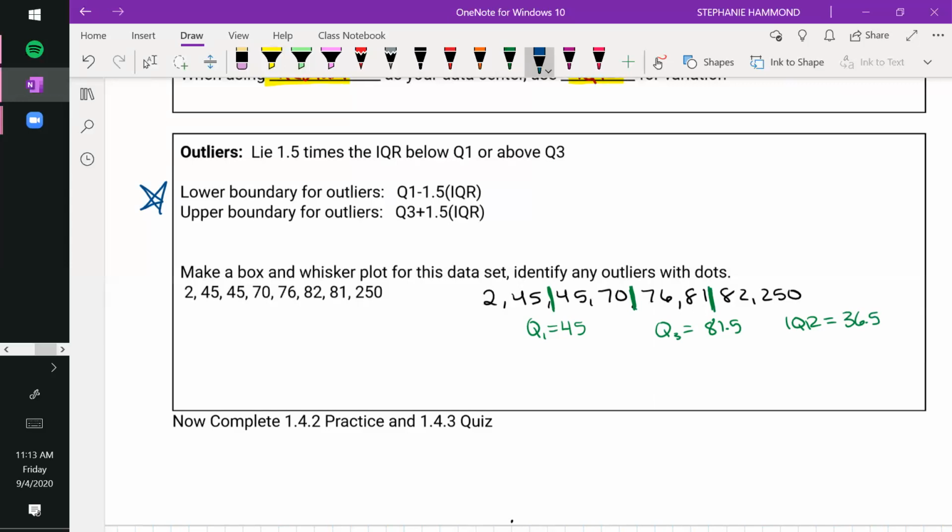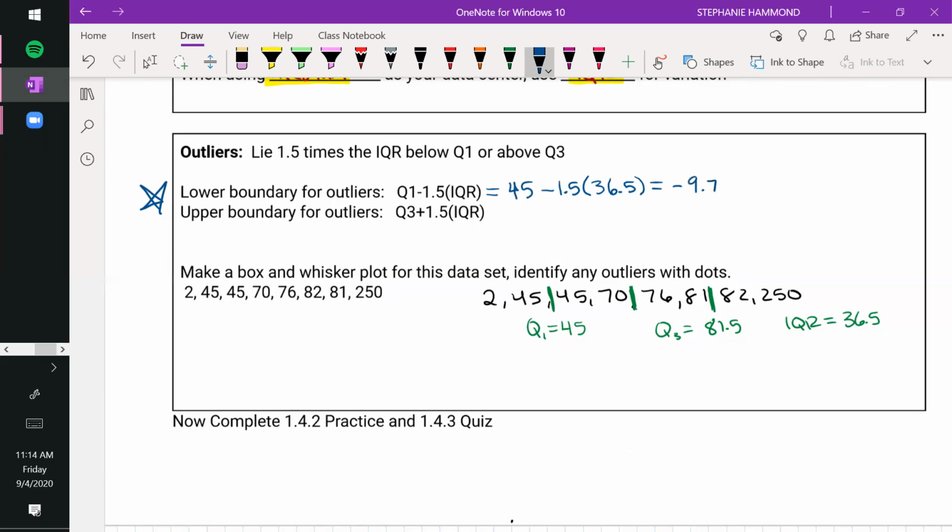So looking at my lower boundary first, it's going to be equal to my first quartile minus 1.5 times my interquartile range. All right, that's negative 9.75.